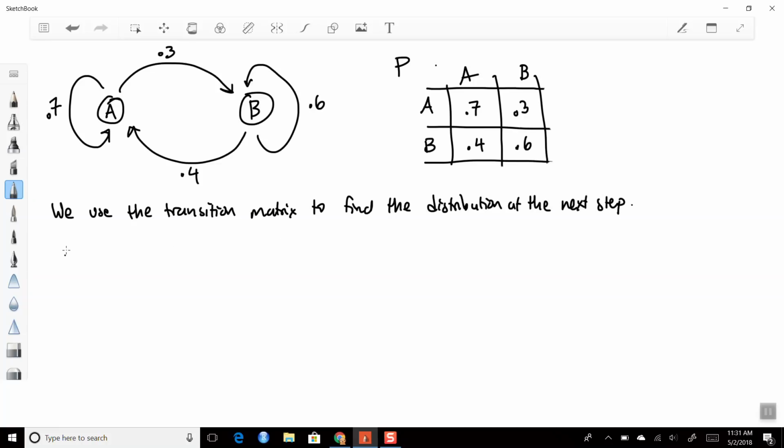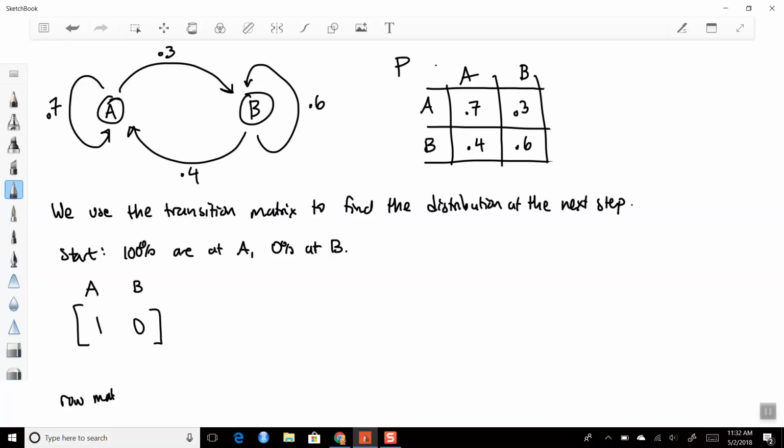All right, so let's say we start where 100% are at A and 0% are at B. Okay, so I would represent this with 1 and 0. Okay, so this row matrix represents my distribution.